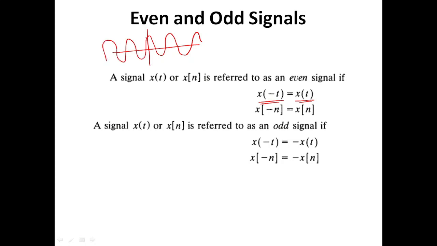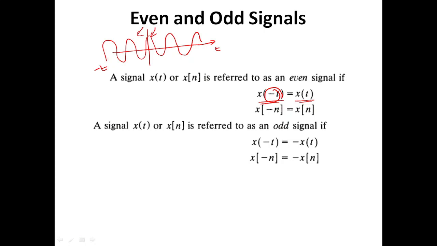The values at the positive side of t are exactly equal to those at the negative t values. That means the amplitude at x of minus t is equal to the amplitude of the signal at time t.